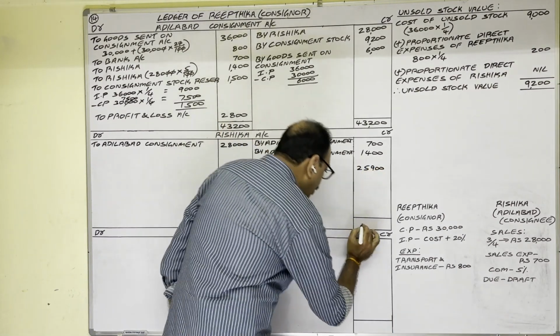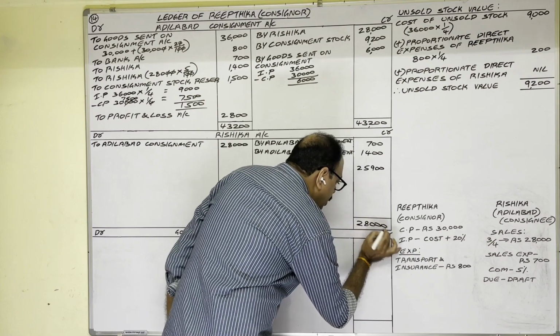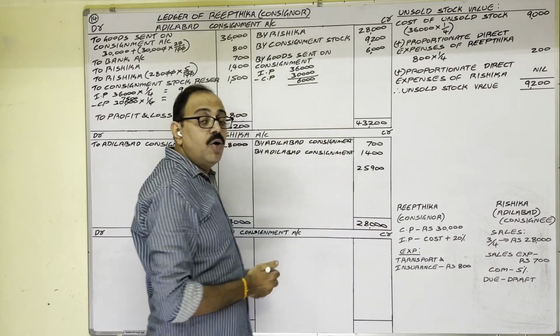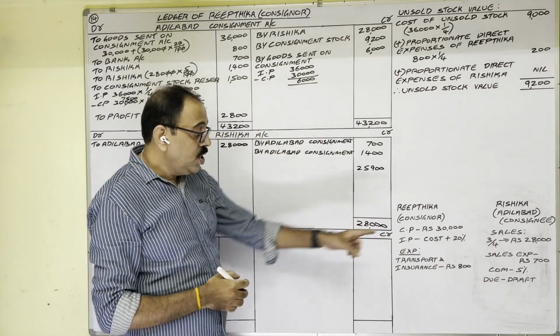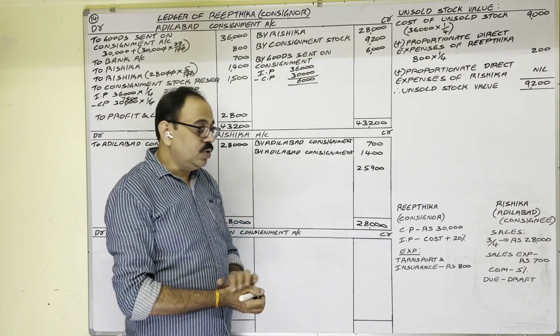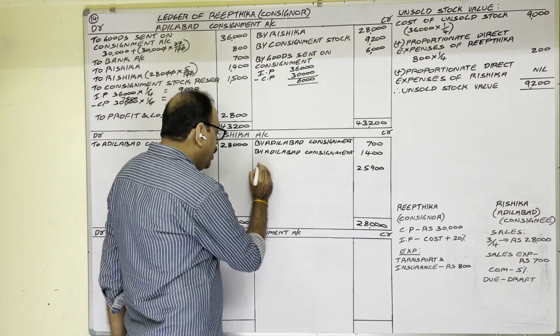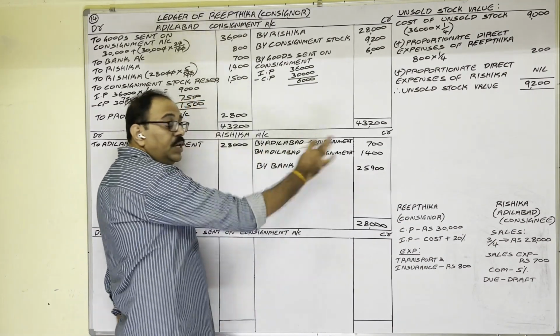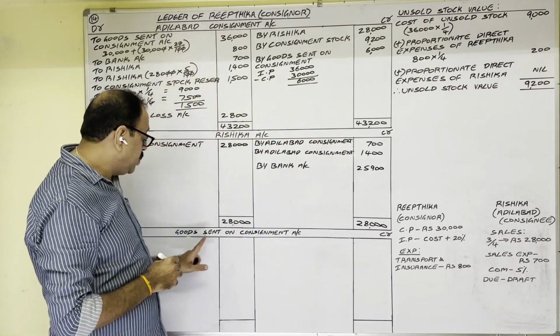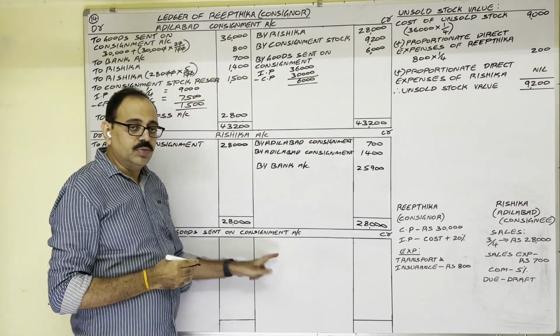The total is the same, no? 28,000. This is called the due amount. How is the consignee paying this due amount? Through a draft. So you should write "By bank account." The consignee's account is completed.